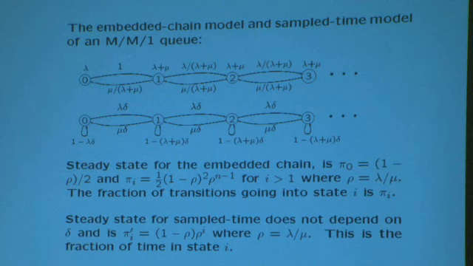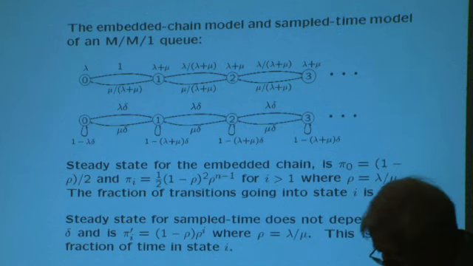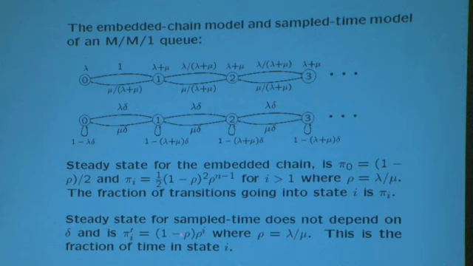This is what we did before, and what we found is since transitions this way have to equal transitions this way, these self-transitions don't make any difference here, and you get the same answer no matter what delta is.